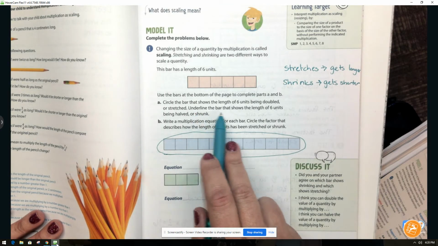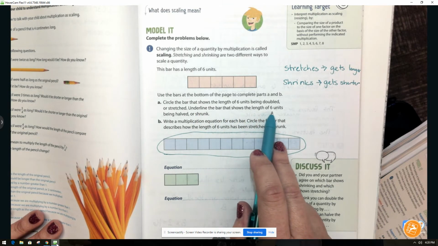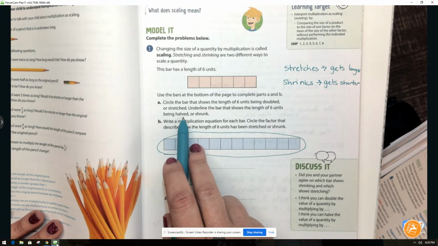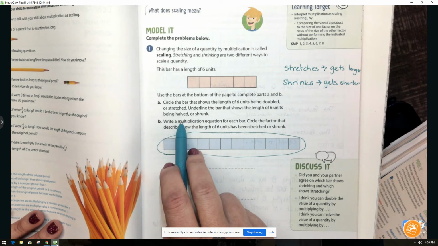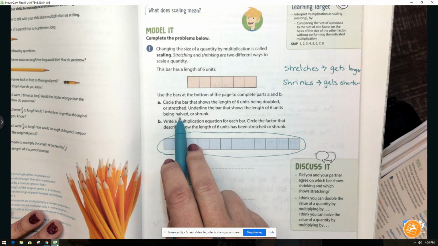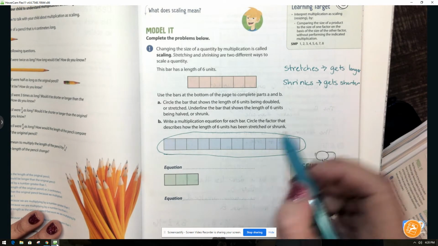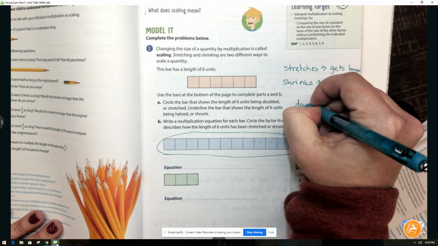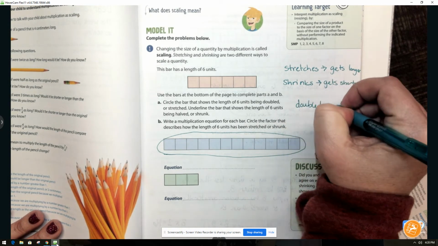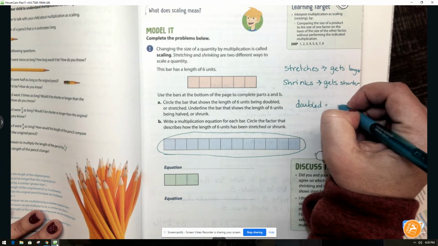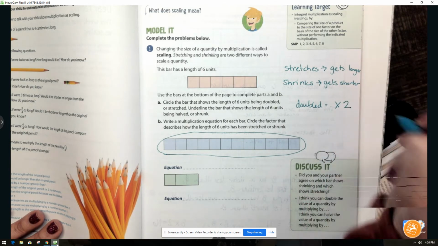Now I'm going to underline the bar that shows the length of 6 units being halved or shrunk. When you talk about something being halved, that means it's being cut in half or divided by 2. So doubled means times 2.